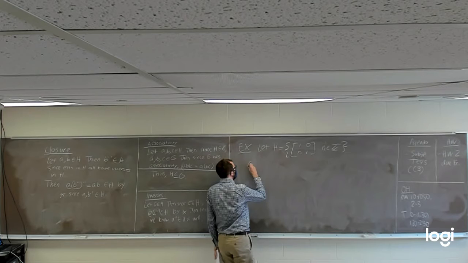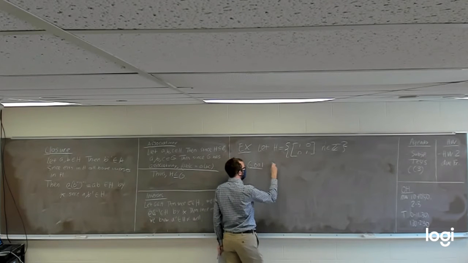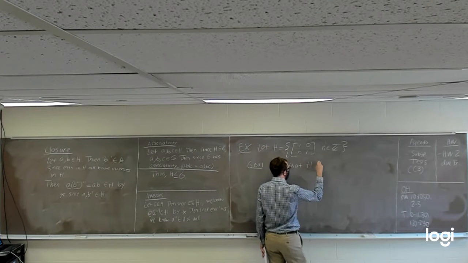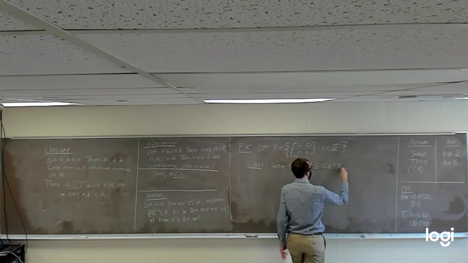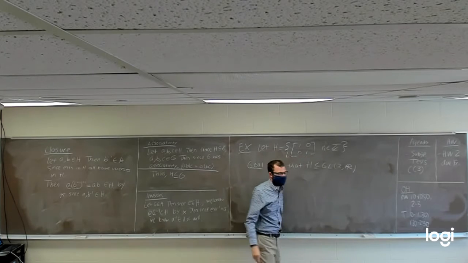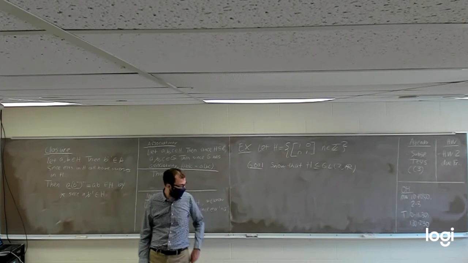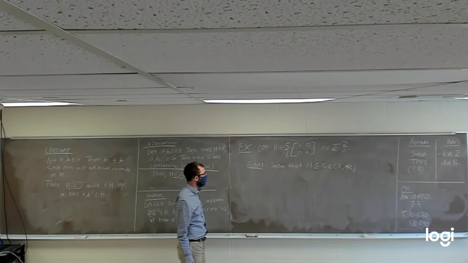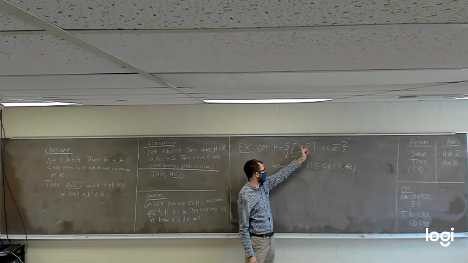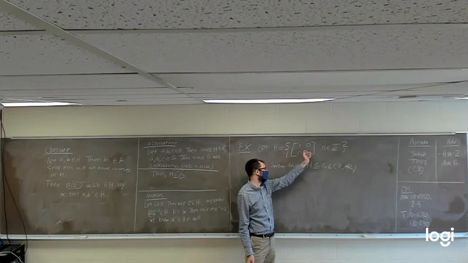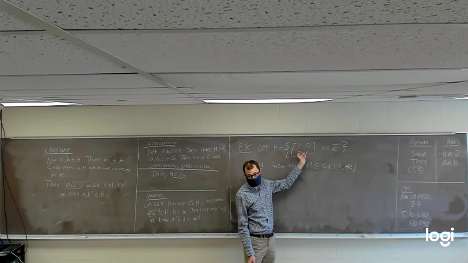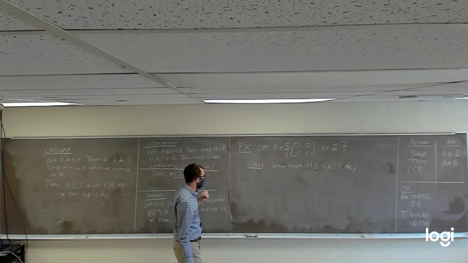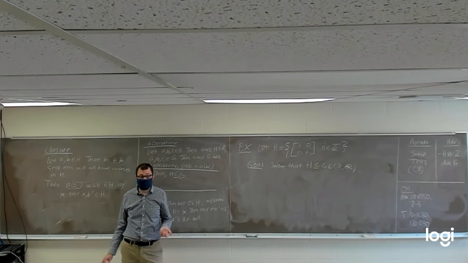And my goal is going to be to show that H is a subgroup of GL2R. In other words, we're just taking the set of all 2 by 2 matrices with 1, 0, 1 in the top left, top right, bottom right positions, and the bottom left it can be any integer. We're assuming this set of matrices forms a subgroup of GL2R.